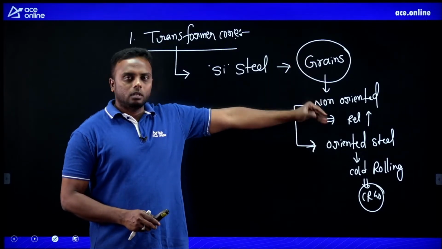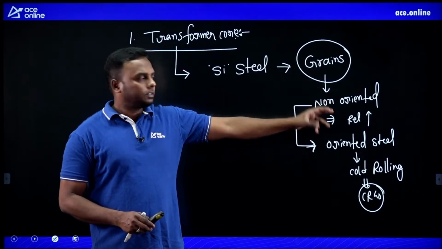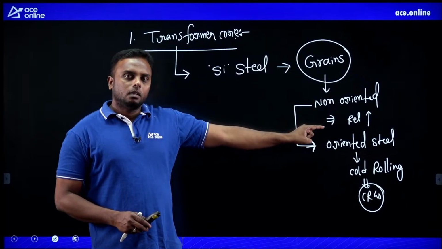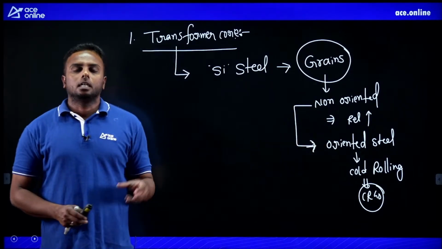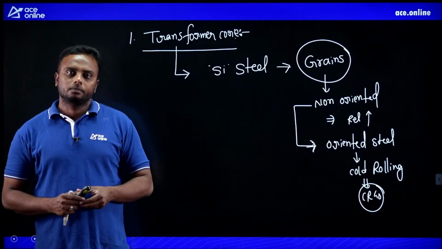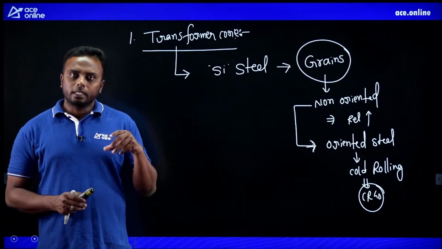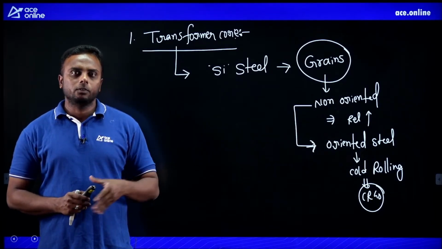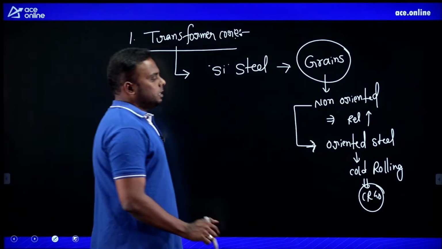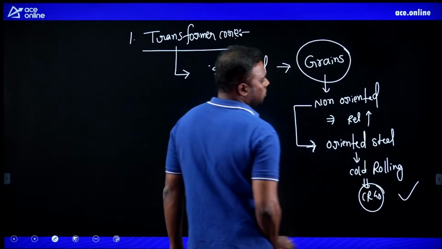Normal silicon steel has non-oriented grains, which increase the reluctance a little. But in CRGO steel, as the grains are oriented, the reluctance is very low. If reluctance reduces, the flux magnitude in the material will increase. That is what we require. That's why we use CRGO steel in the transformer core.